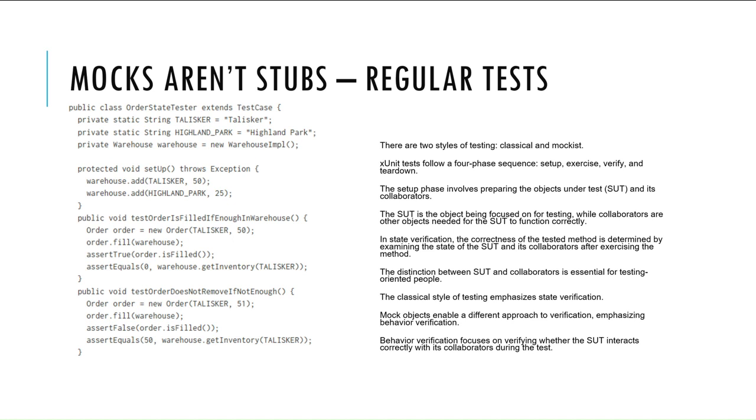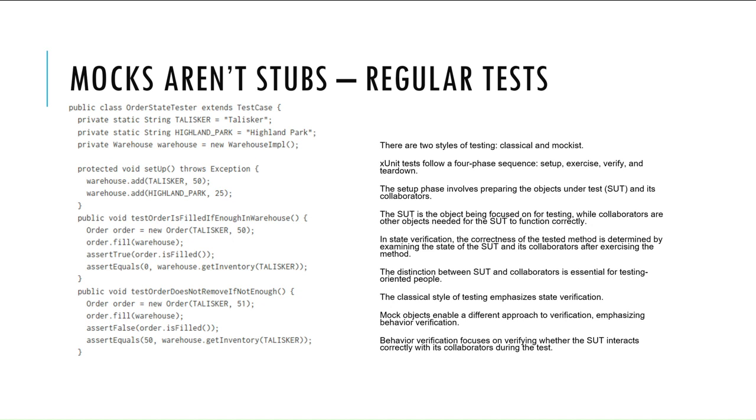The setup phase involves preparing the objects under test, SUT, and its collaborators. The SUT is the object being focused on for testing, while collaborators are other objects needed for the SUT to function correctly.